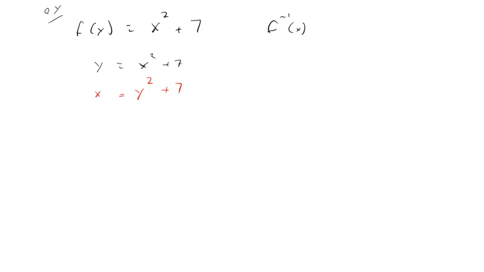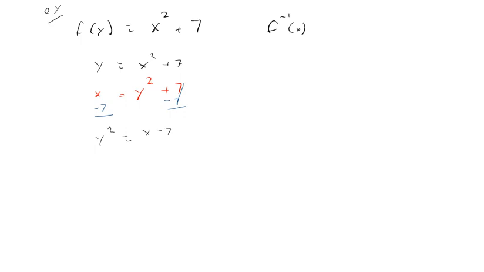So here's my equation. I want to get the y by itself. Swap my x and y. Now I need to do some solving. This is just algebra, stuff you've seen before. Minus 7 on both sides. So I rearrange. I get y squared equals x minus 7. Then how do I get rid of the squared on the y?